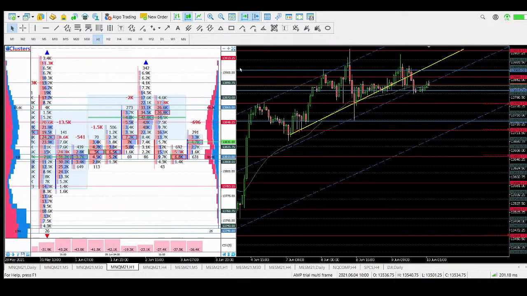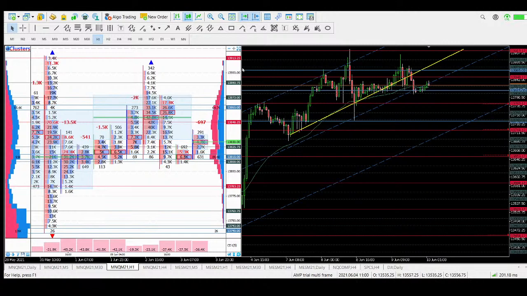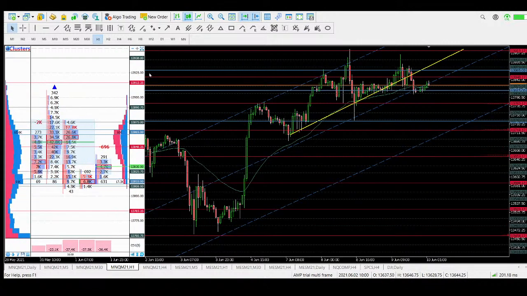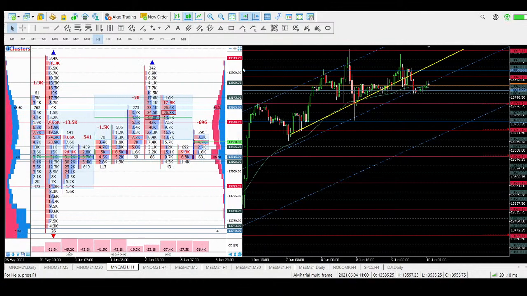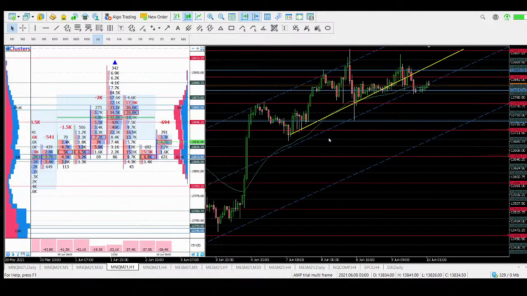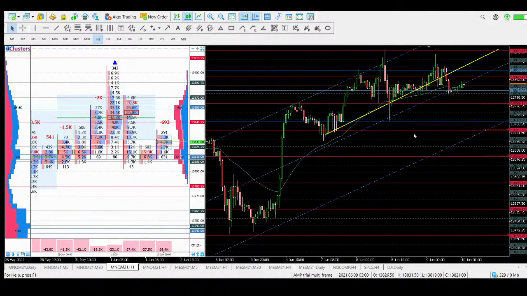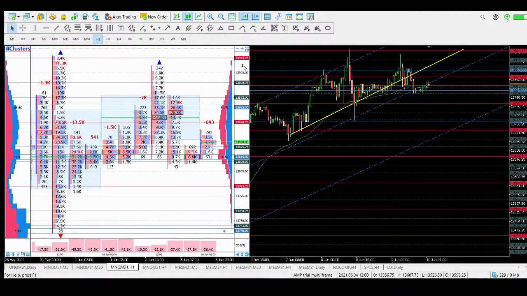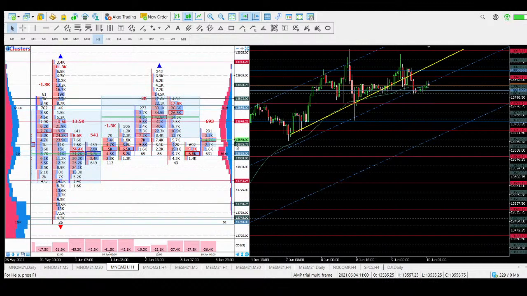So what I have here is the NQ micro futures trade setup, and I'm looking at the 1 hour chart. On the left side of the chart I have the order flow, which reads the trade transactions.